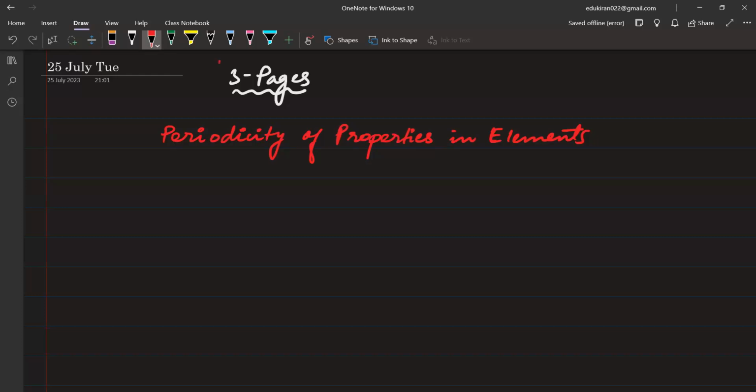All of you, please leave 3 pages and then start writing periodicity of properties in elements. The chapter's name in NCERT is although classification and periodicity in elements, something like that. But the chapter's name, periodicity of properties in elements.